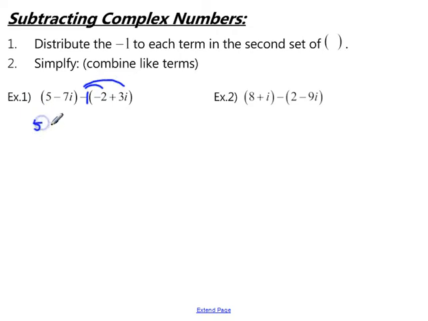So we're going to rewrite this as 5 minus 7i, and then -1 times -2 gives us a +2. -1 times +3i gives us a -3i. Now we can go through and do step 2, which is just like adding complex numbers. Take the like terms and combine them.